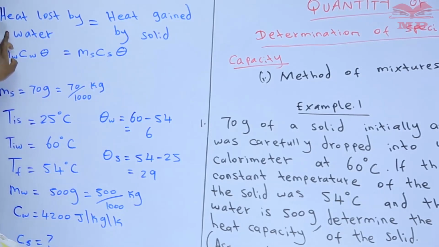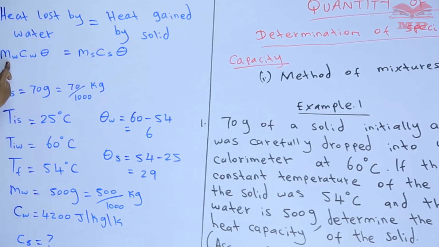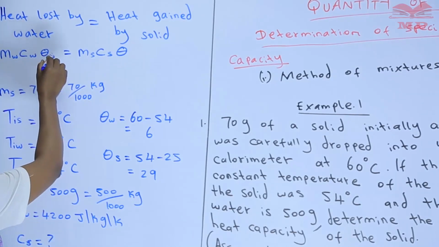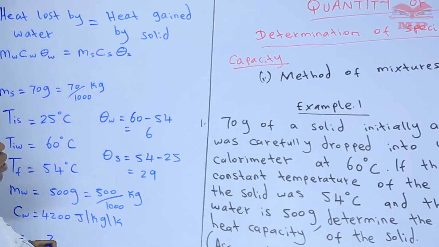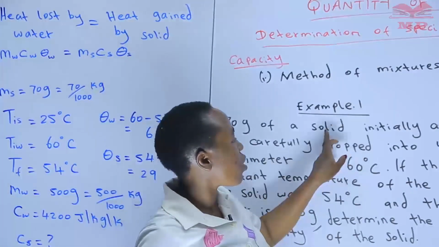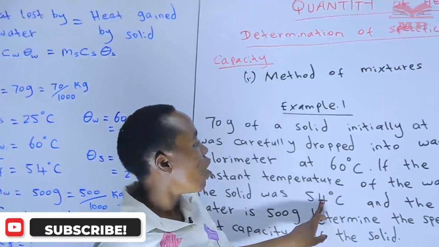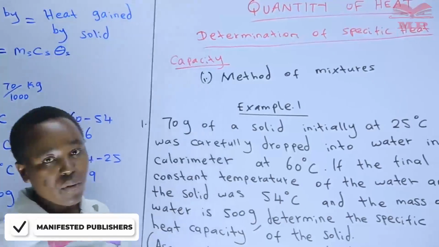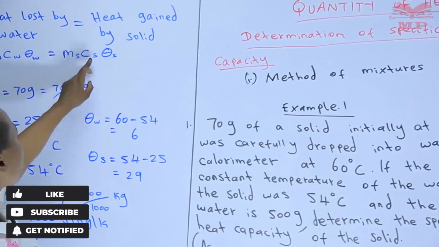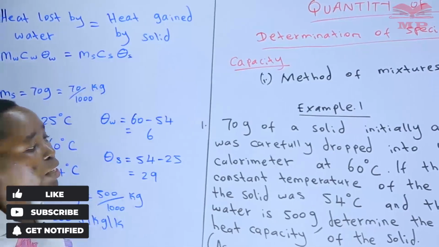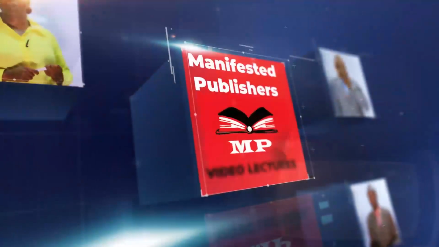And as we said, the formula for calculation of heat energy is mass times specific heat capacity times change in temperature. Here it is the change in temperature for water, and here is the change in temperature for the solid. The temperature of the solid changes from 25 to 54, for water from 60 to 54. So you find what you have been given to get what is in question, and you get it to be that.